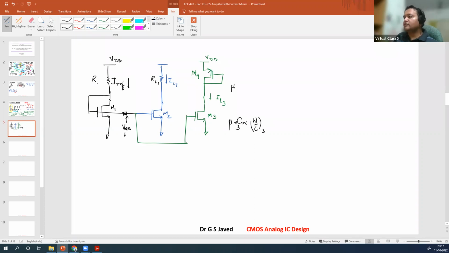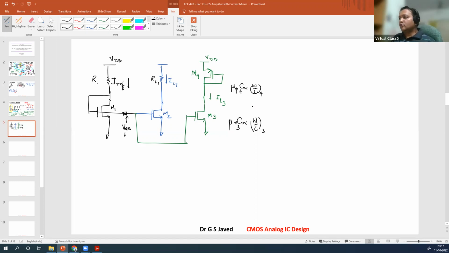So you need to have mu p Cox W by L 4, right? Only when these two are matched, you will get the same current, because you need to get the right amount of load for the same VGS supply that is going to be present here to get reflected there.